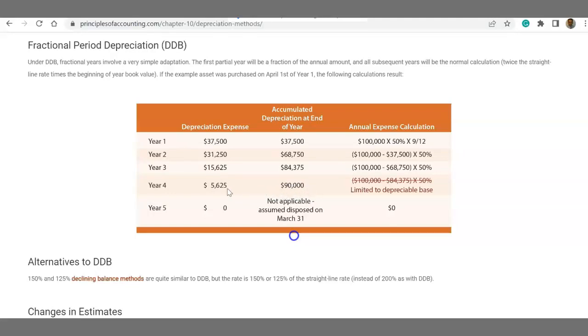So in year 4, you do just 5,625, and in year 5, normally under the straight line method, you have to do something in here, but there is nothing left to do under double declining, and you just leave it blank.